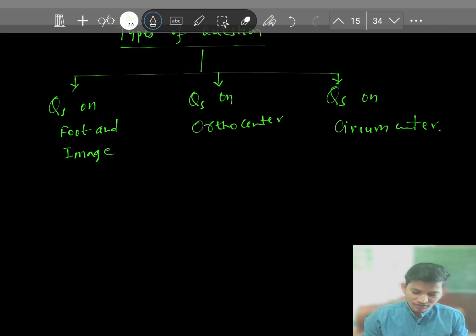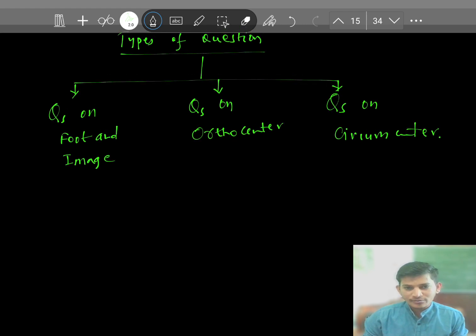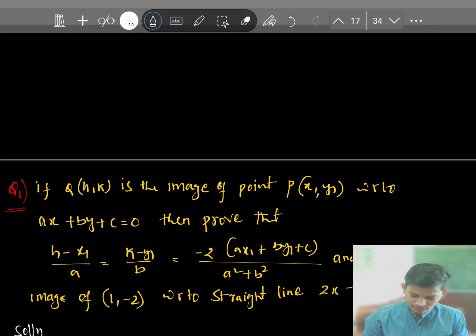So these are the three types of questions you are going to face in your intermediate public examination. Let me go with the concept of foot of perpendicular and image first of all.